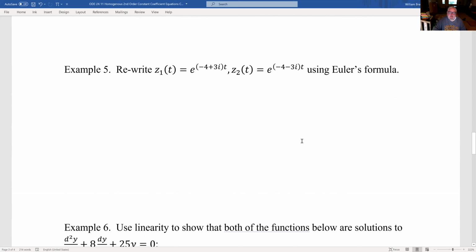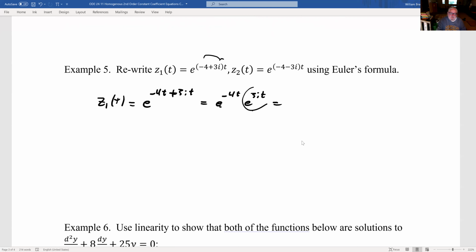But we can rewrite these using Euler's formula. z1 of t is e to the minus 4t plus 3 times i times t. That's just distributing this t. e to the minus 4t times e to the 3it, because I've got a plus sign here, so I can split it up into two products.